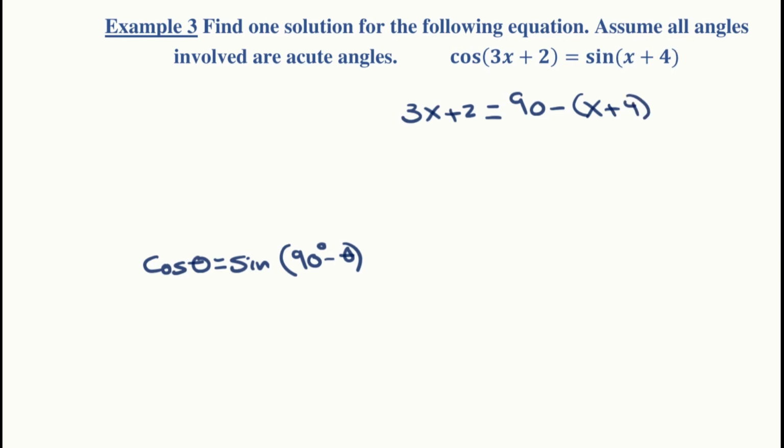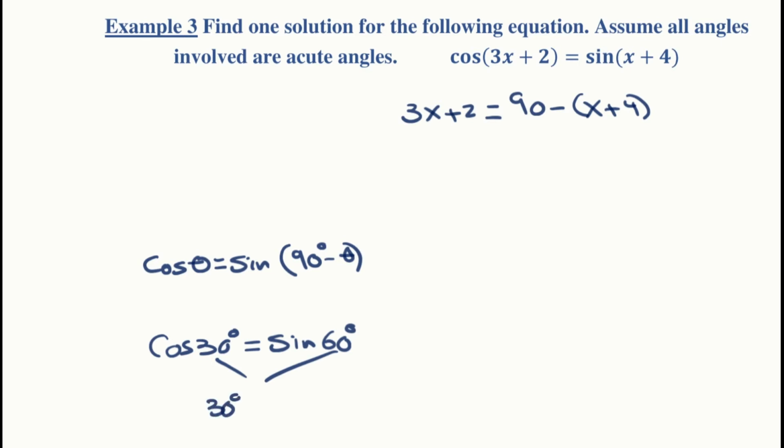Another way of thinking about it is, remember, you have, for example, cosine of 30 degrees should be the same as the sine of 90 minus 30, right? Which is what? 60, right? So one other way of doing this is to make sure that this and this add up to what? To 90.